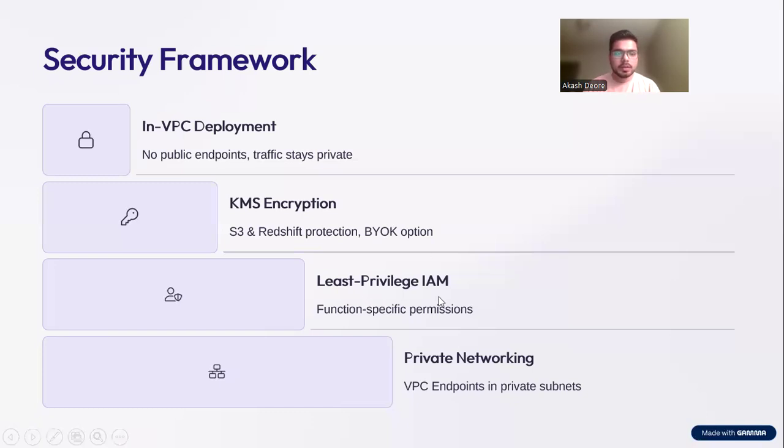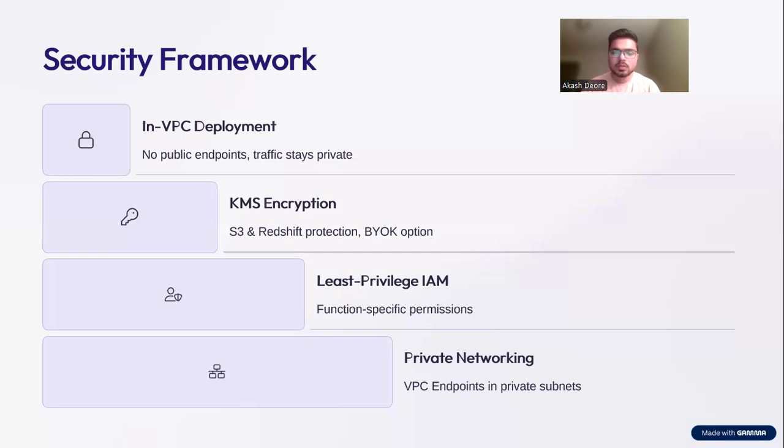Third is least privilege IAM. Each Lambda function receives only the permission it requires and nothing more, so that way we only provide the least access under the zero trust model.